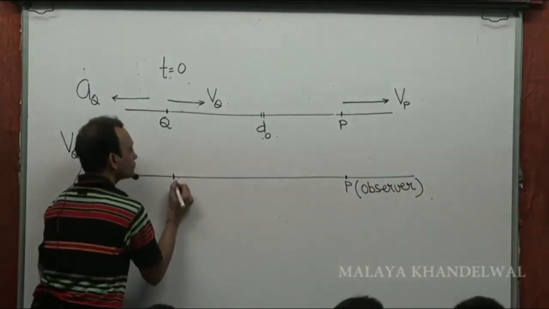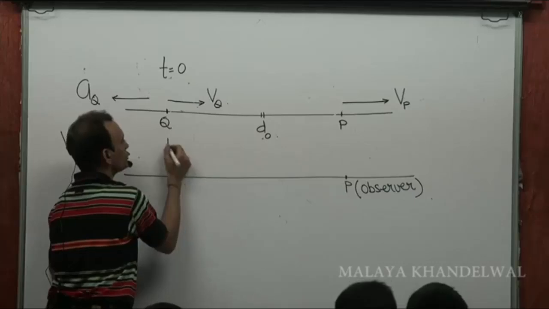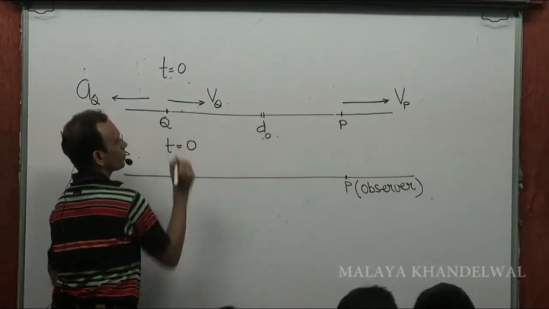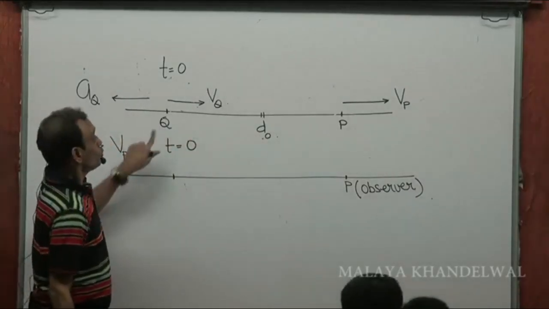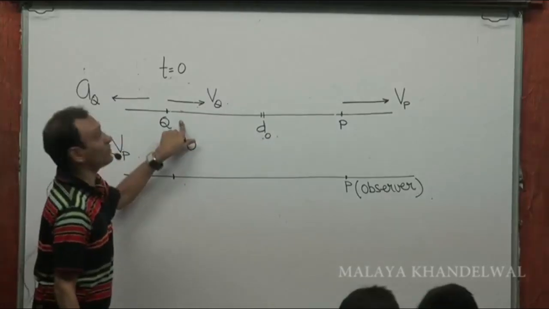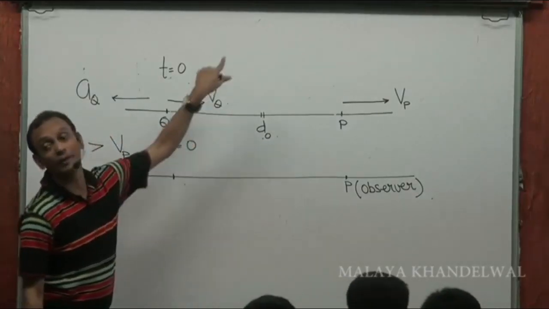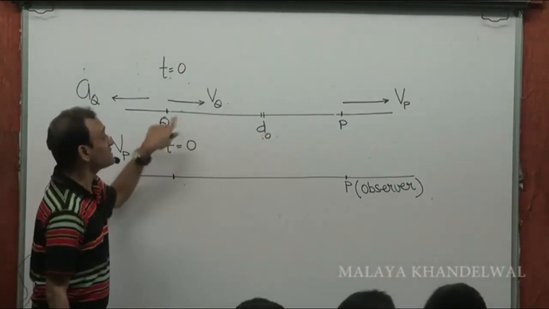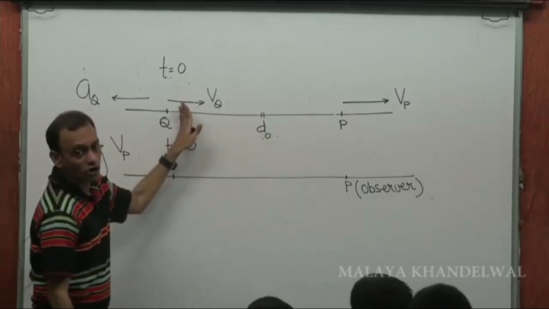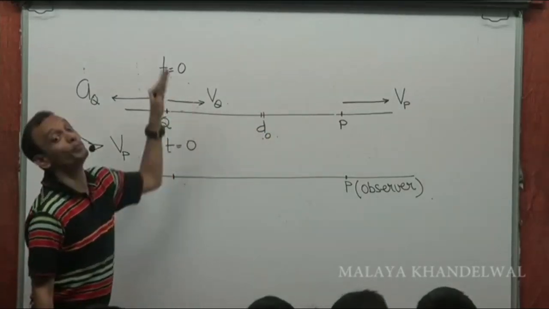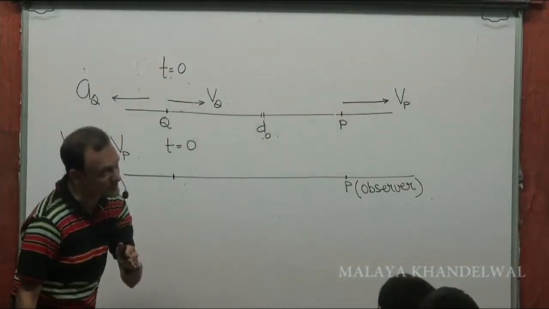Now, at time t equal to 0, as seen by P, what would be the velocity of Q? Vq minus Vp. Velocity of Q minus velocity of P. P is the observer, right?